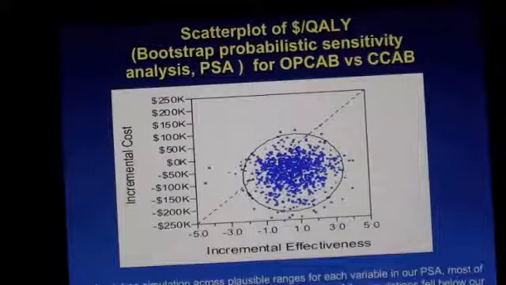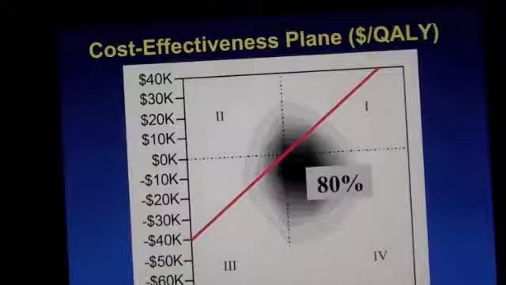Again, not that that's set in stone, it's just a benchmark, but it shows you here that most of the results came out below the ICER, and in fact 80% of the bootstrap points came below the ICER, meaning that the probability that, given the assumptions in this model, which are imperfect now that the evidence has moved on, but given the assumptions in this model, it is about 80% likely that the new OPCAB is actually cost-effective compared with the old.